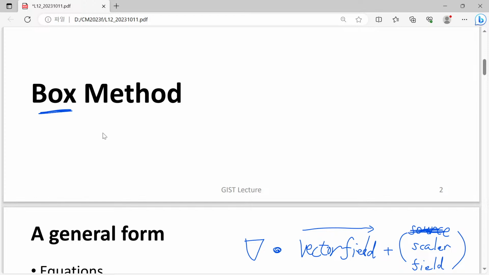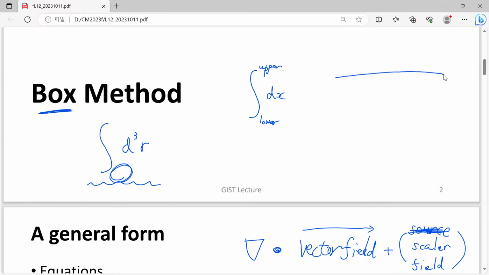The box method simply means that we want to integrate our equation over a certain range. In the previous 1D case, we introduced a certain range, upper and lower. And in this case also we have to introduce a certain range in the three-dimensional case.